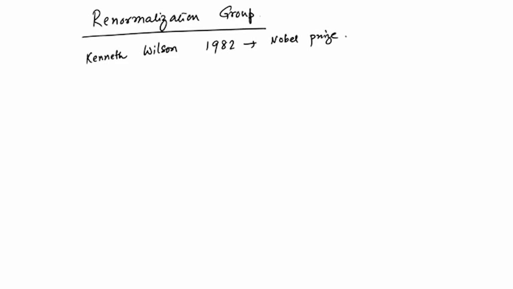Now, why is this called the renormalization group? What we do is take a 1D Ising chain, throw out certain degrees of freedom and cast the same system.